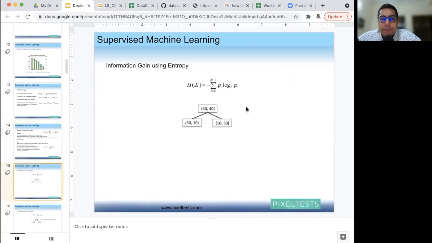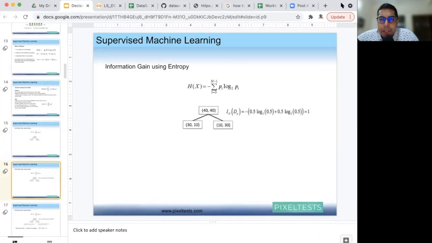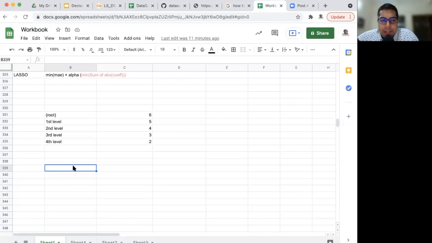So first thing, let me calculate the information gain using entropy here, right? So what do I do? Pi at the top node is 40 divided by 80. So for the first node, let me calculate that. So 40 comma 40, right? That's the root. So what is the formula? I'm going to write the formula.